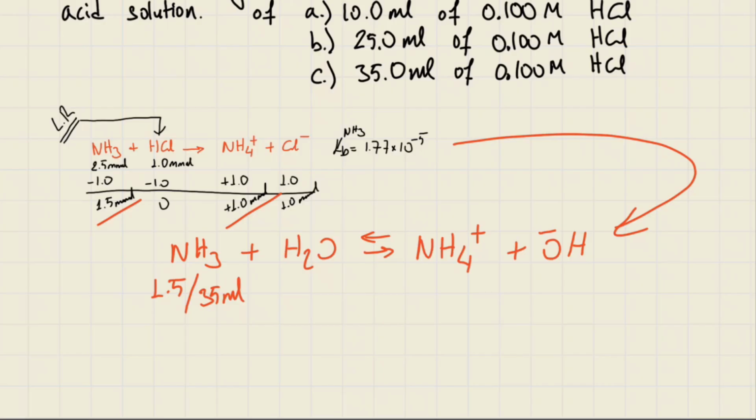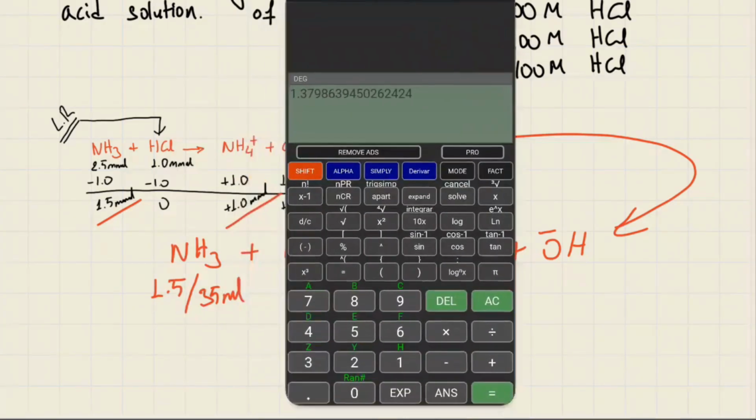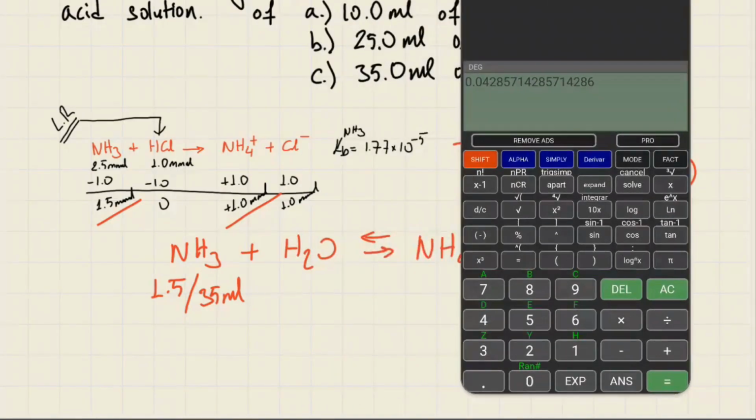And we can calculate this value. 0.0428. Maybe I can use 9 here, right? So this is the molarity of NH3.